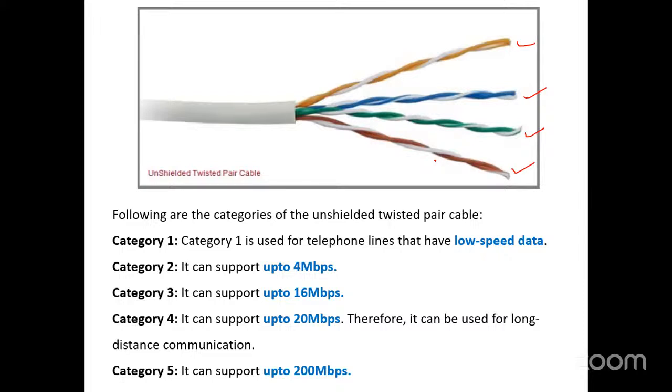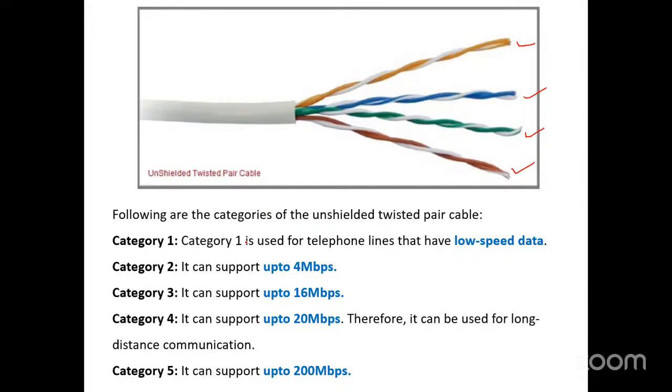We have different categories in UTP also, depending on the speed only. Depending on the speed, there are different categories of unshielded twisted pair cables. Let me tell you the names of those. Category 1, Category 1 unshielded twisted pair cable.